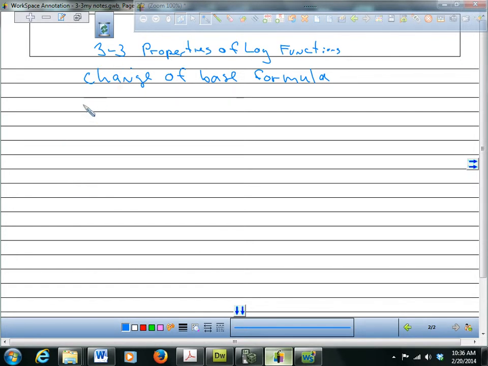So in general, log base A of x is equal to log base B of x over log base B of A. So this B can be any base you choose it to be.